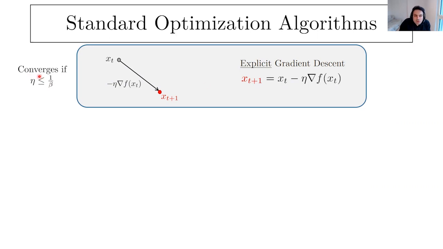And the point is not only that it is a sufficient condition, with a little bit more conservative version, it is necessary as well. So if the step size is too big, then this algorithm does not converge. In fact, it diverges. So there is an inherent limitation on how fast you can move with this algorithm, and not only about the step size, but also the convergence rate. So you have a fundamental limit on convergence rate and a fundamental limit on step size.